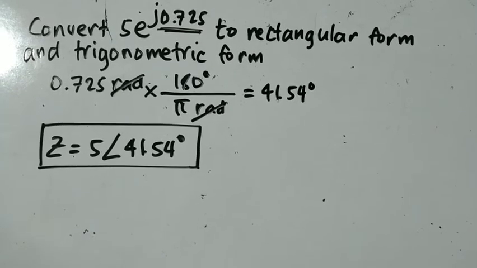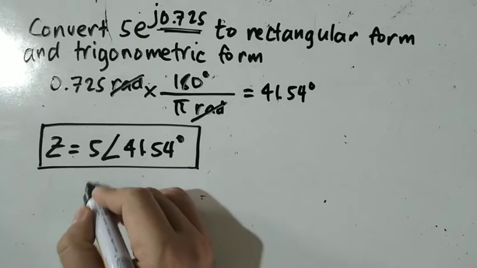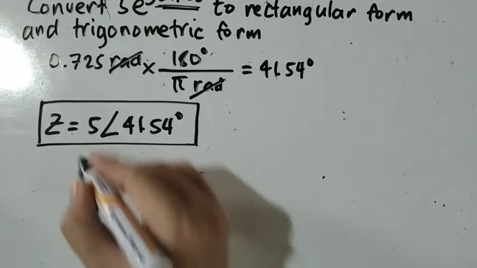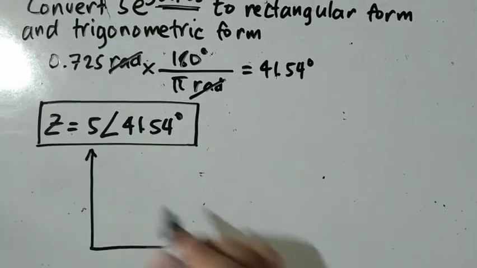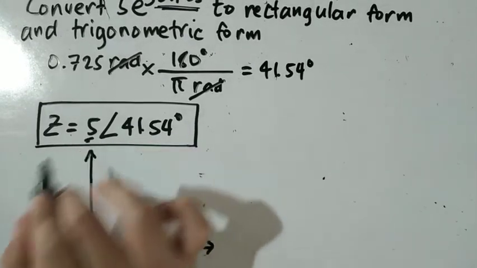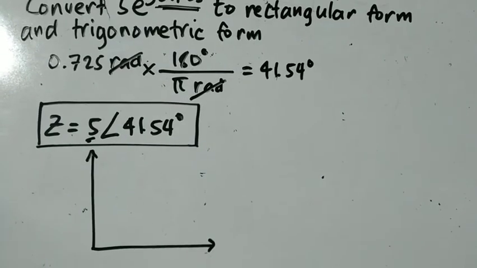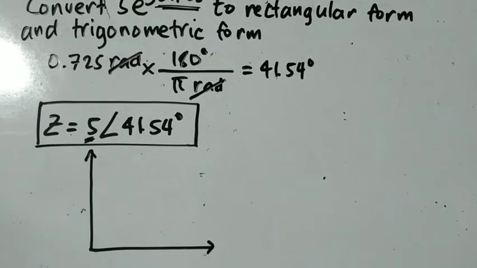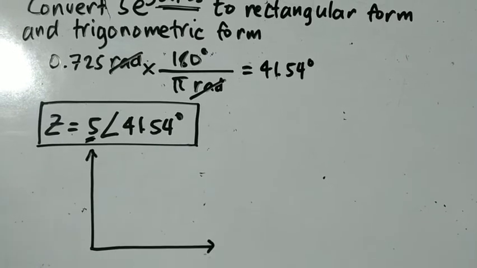We still use the Argand diagram. This time we know that if this is the diagram, 5 represents the magnitude, which is the hypotenuse of the two sides representing our real and imaginary axes.